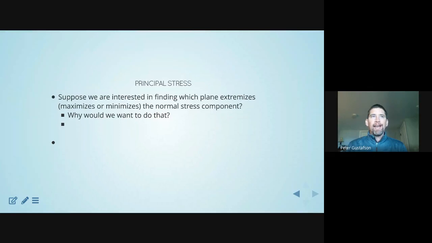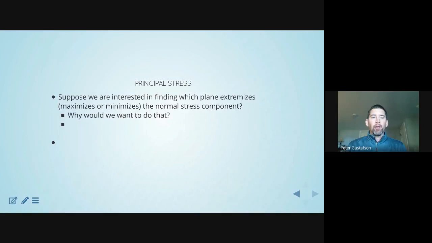So it makes sigma nn either as large as it could be or as small as it could be. Maximizes or minimizes. Before we get into how we do that, it's worth asking why we would do that. Why do we care? Why do we search the different planes that are possible? Of course, there's an infinite number of planes. Why do we search amongst the infinite number of planes for the plane that maximizes or minimizes the normal component of stress?